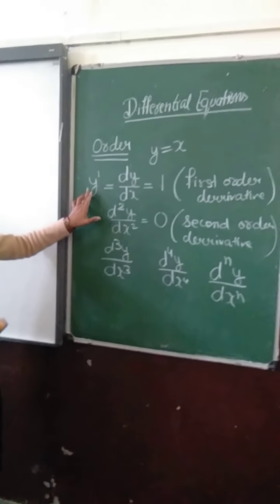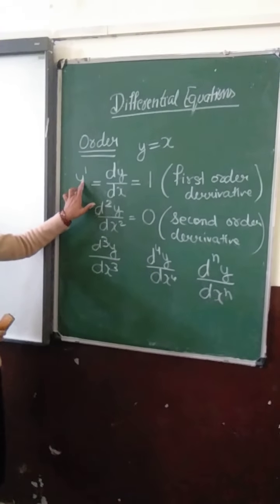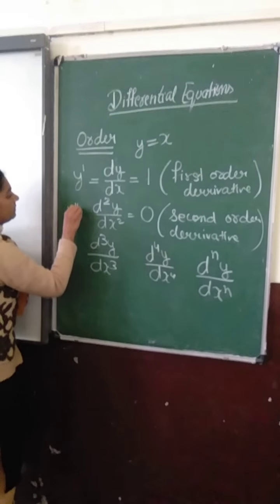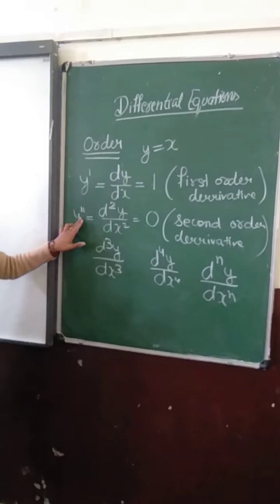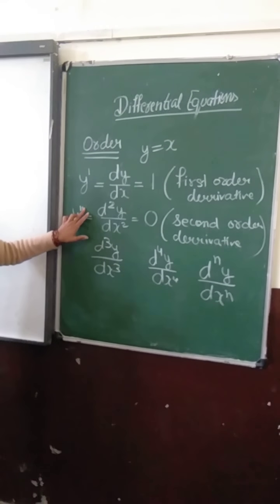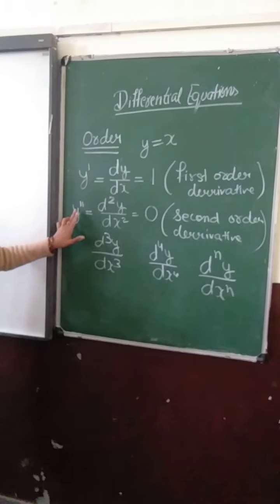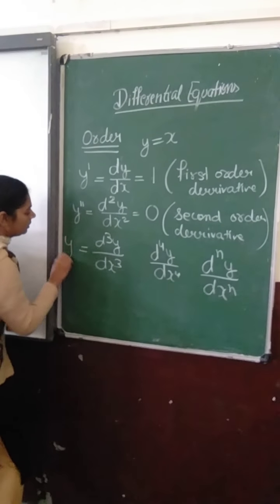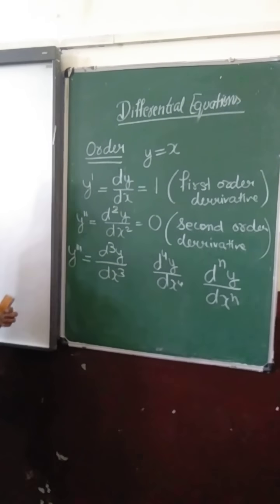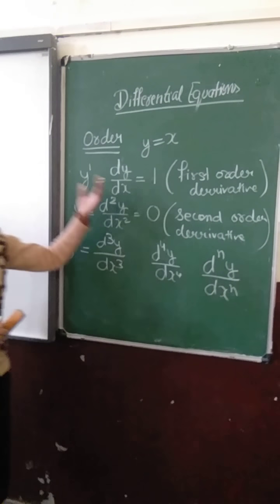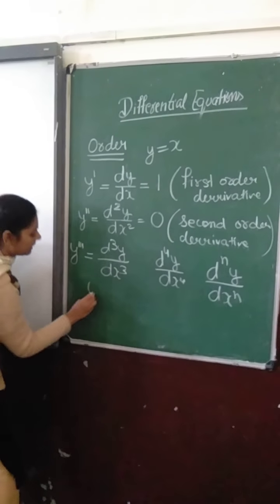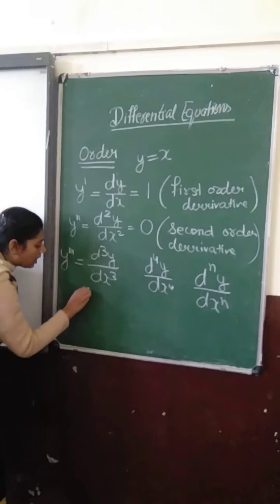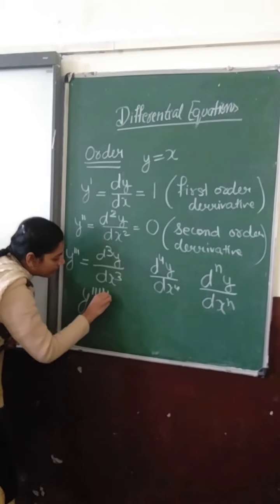Okay, so first order derivative sometimes be represented as like this also. So this and this means the same. This is also first order derivative. Okay, so second order derivative we can represent it like this, y double dash. Okay, sometimes this is also represented as this. Okay, so third order. Okay, but for higher orders we can't use this method. Suppose I want to write 10th order, so I want to put here 10 bars.